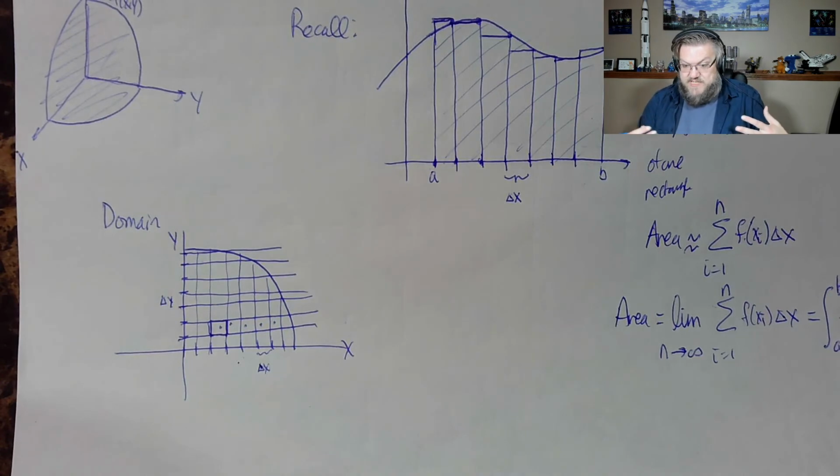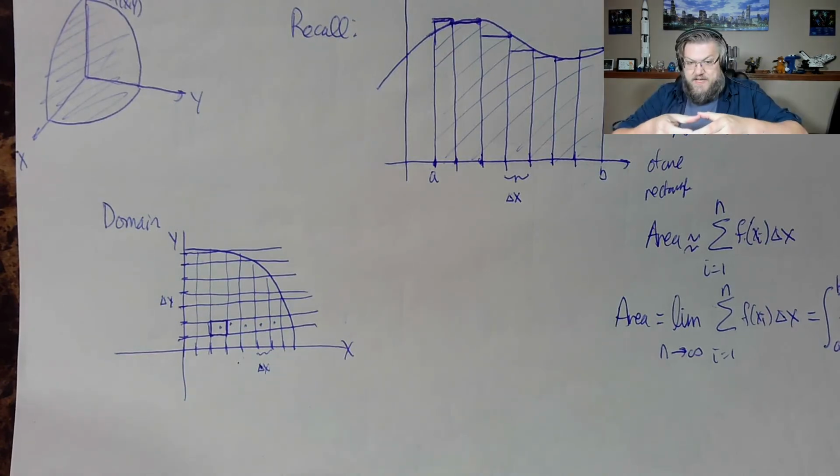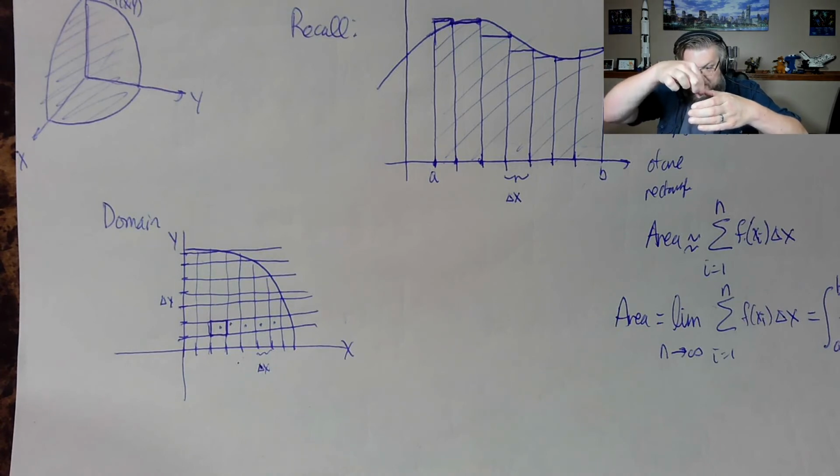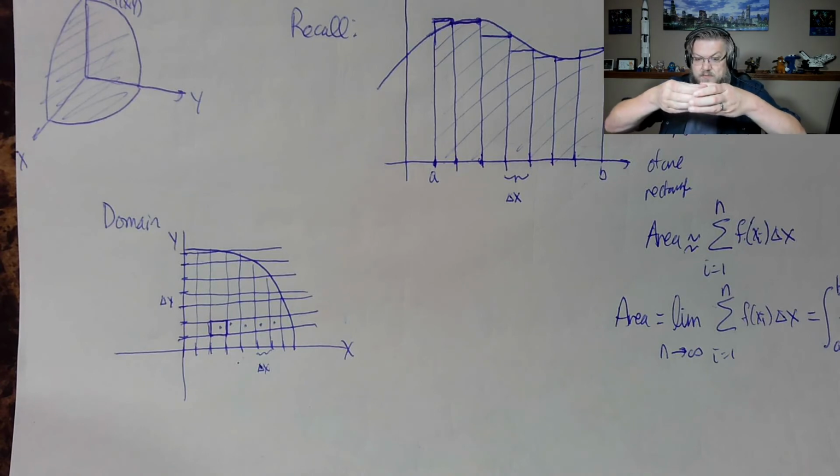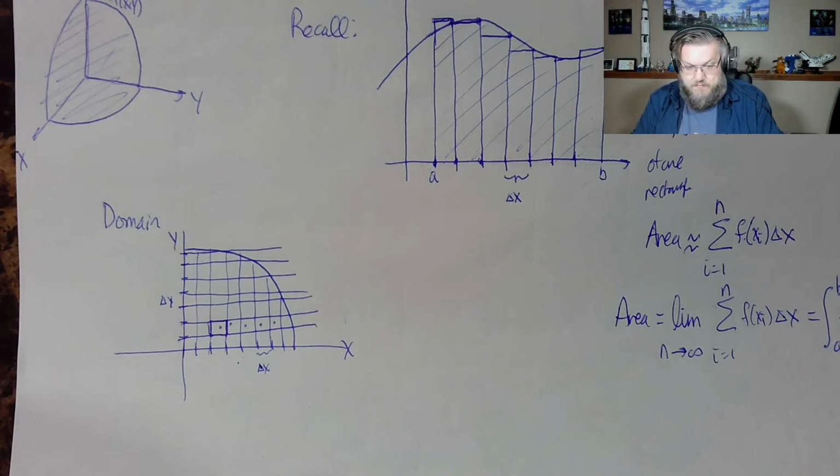Now, what that's going to do is give me a box, isn't it? I'm going to have this rectangular base, and when I take a point from that base and plug it into the function, I'm going to get a height. So that's going to form the volume of a single box.